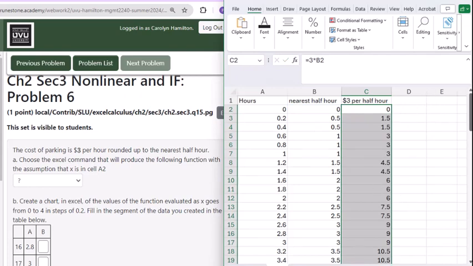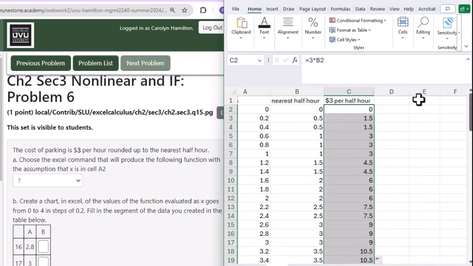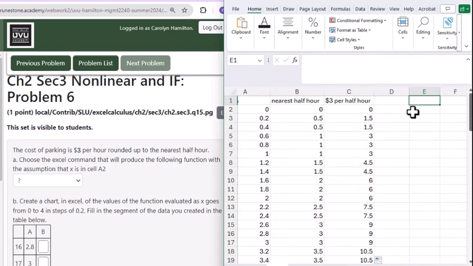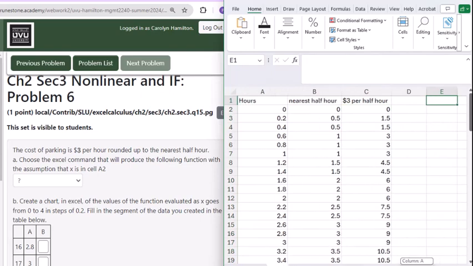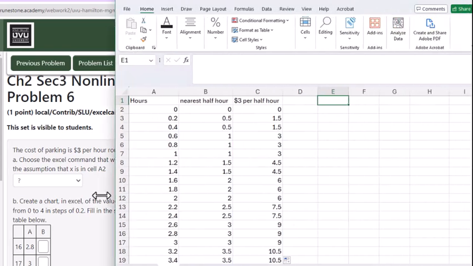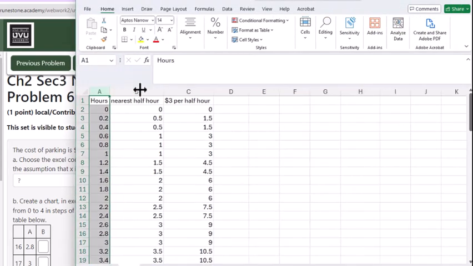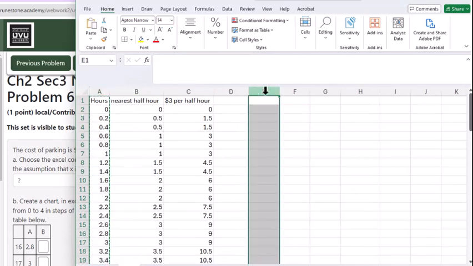And then we're going to do that same work, but all in a single formula. So let me get these hours, copy them over.